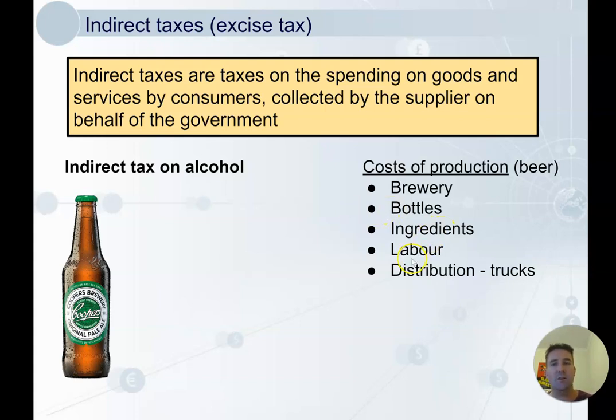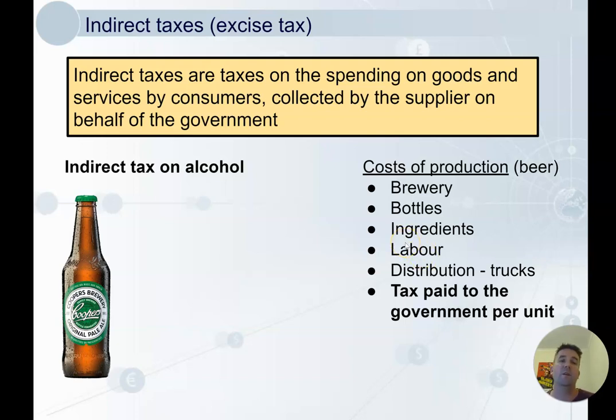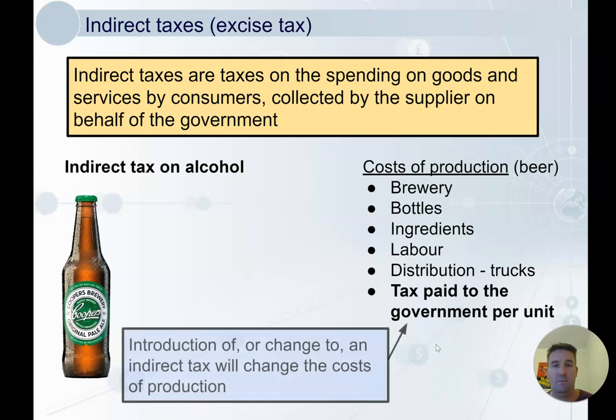So all those costs of production, and plus then for every one that you sell, so for every carton of beer that you sell, you've got a tax that you're going to have to pay to the government, right? So it increases the cost of production, which decreases the supply, shifts the supply curve to the left. Yeah, change the cost of production. Okay, so most of these in supply are really about cost of production.